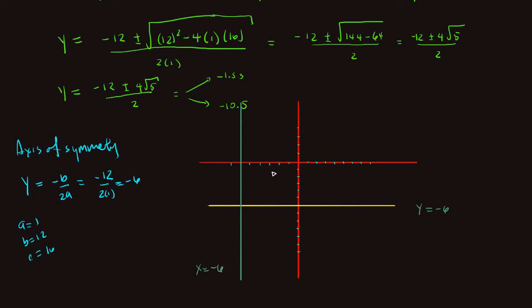Noticing that, if you remember, we found that the vertex was -5, -6, and that the focus was -4, -6.